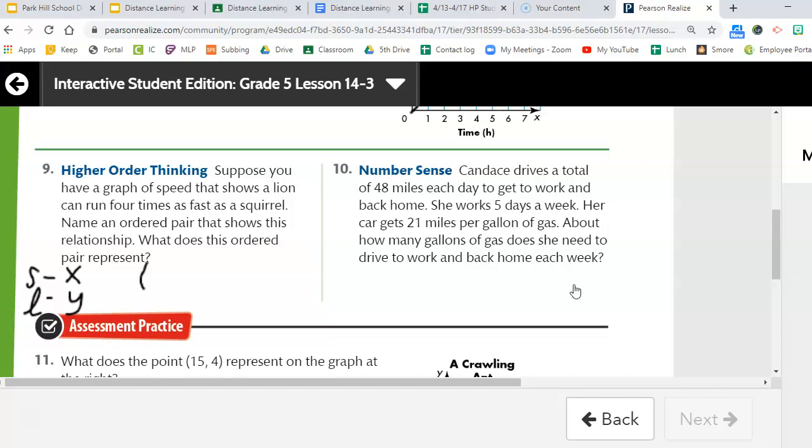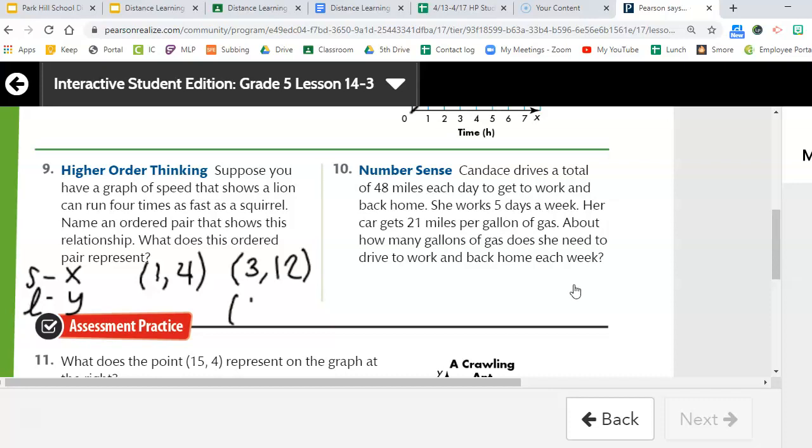So we need something that's 4 times faster. So maybe I can make my coordinates 1, 4. 4 is 4 times bigger than 1. So that would show that a lion can run 4 times faster than a squirrel. You could do anything that's 4 times bigger. So I could do 3, 12 because 12 is 4 times bigger than 3.